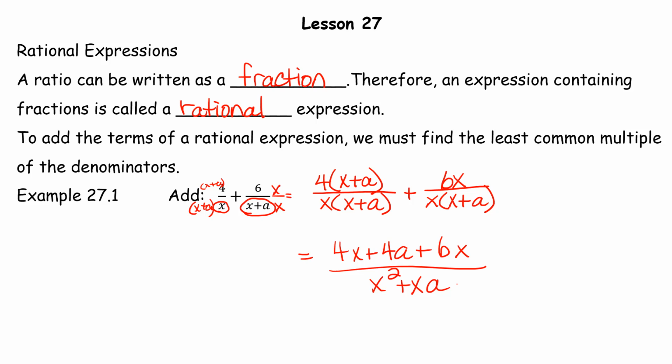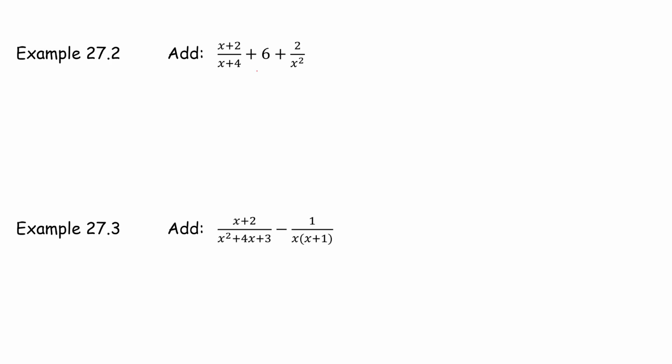If we look at the three terms in this expression that has rational expressions in it, let's see what the factors of the denominators are. X plus 4 is a factor, not x, not 4, because they're being added, but the whole thing is a factor that we will need.